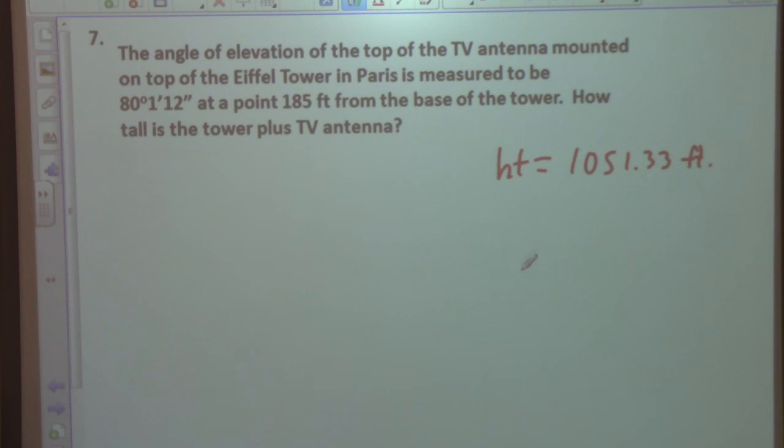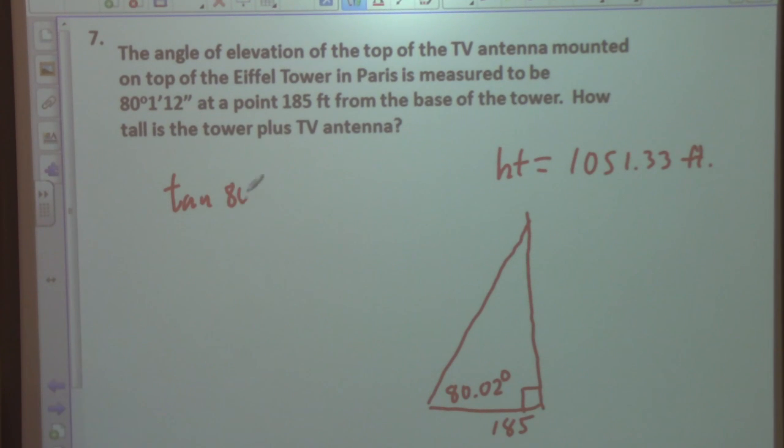Okay, and how'd you come up with that? First I did the little degree thing, I did 80 plus 160 plus 12 over 3,600 equals 80.02, so I found the top angle. So you got 80.02 degrees up from the top. That's fine where you had it. And then we got tangent 80.02 degrees equals x over 185.